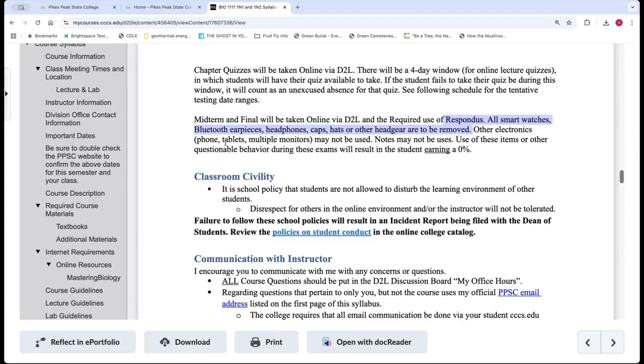Other electronics, phones, tablets, multiple monitors may not be used. Notes may not be used. You can't have somebody on the phone with you. That may not be used. You are required to show your environment in the video. If there is any questionable behavior, you'll just earn a 0%.